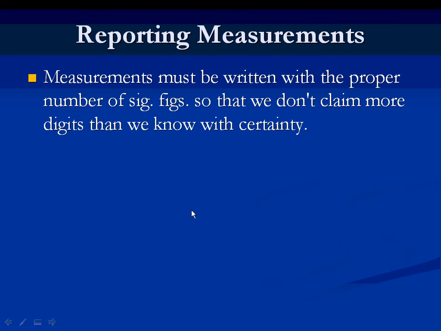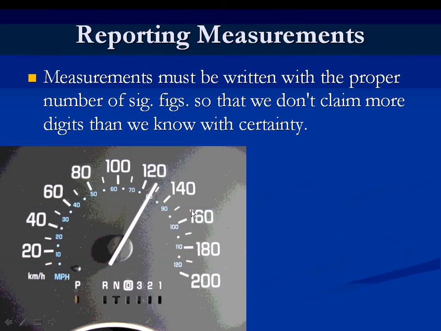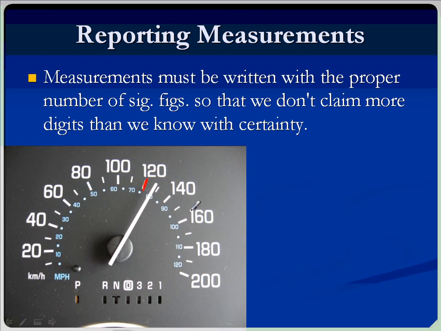All right, so we always have to report our measurements using the correct number of sig figs. Let me give you another example of that. This one isn't a digital scale, it's a speedometer from a car, and we can see that the measurement is between 120 and 130. You might think at first that the car is going really fast, but that's kilometers per hour.